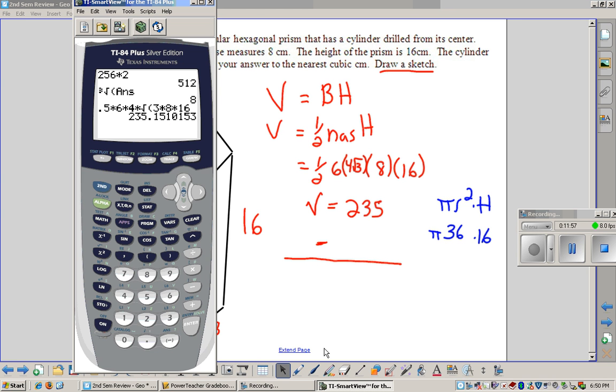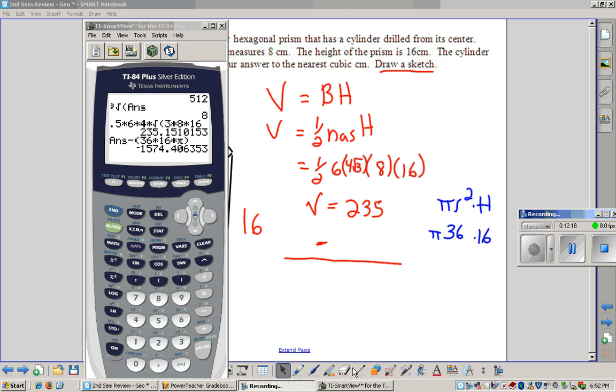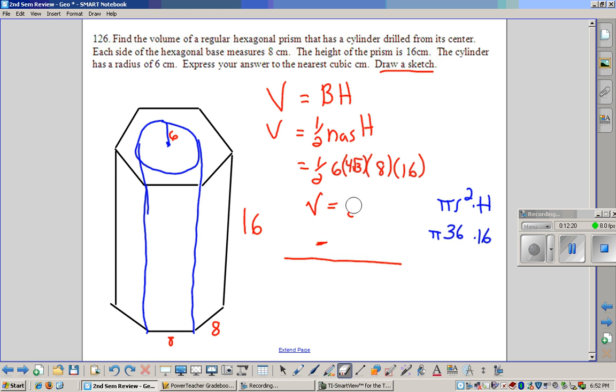I don't know what that is, so let's subtract that out. 36 times 16 times pi. Whoop, that's totally wrong. Hold on a second. Okay, I made a mistake. This was 2,660 for the volume of the prism.